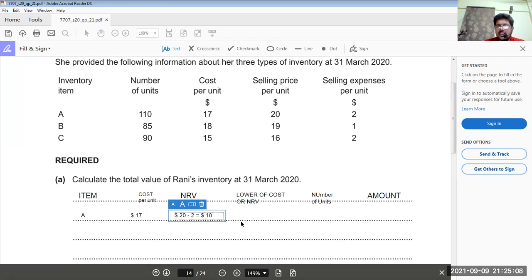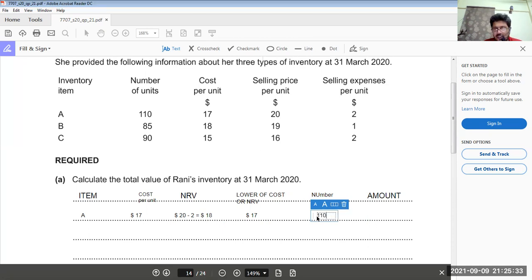So according to the concept of lower of cost or NRV, we have to keep, because NRV is lower, cost is higher, so we are going to keep this inventory at $18. Okay, number of units we have for item A is 110.